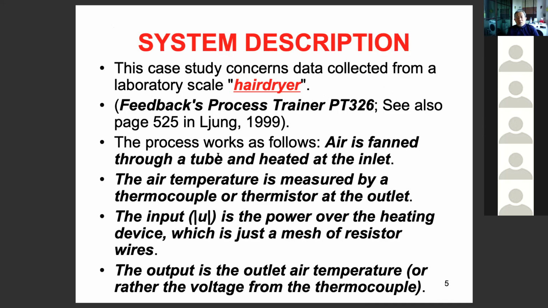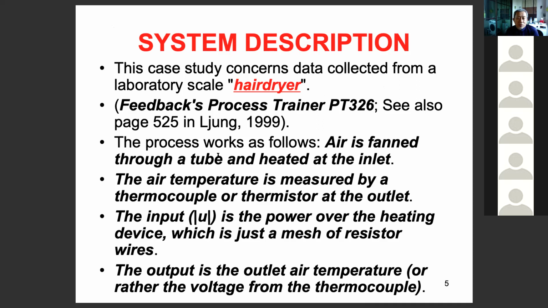So we are using a hair dryer data, which is in the Lennart Ljung book. This process works as follows, where air is fanned through a tube and then heated at the inlet.